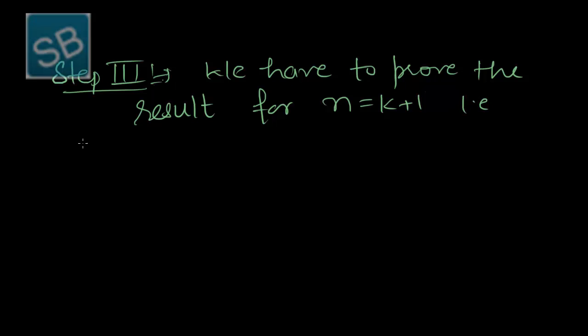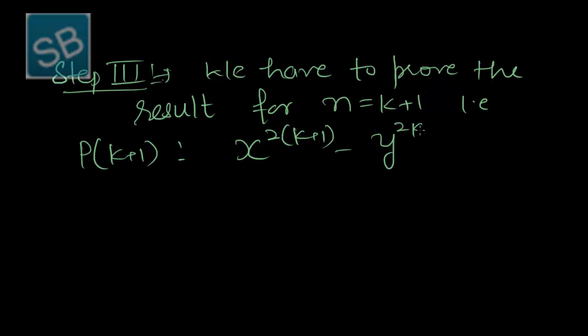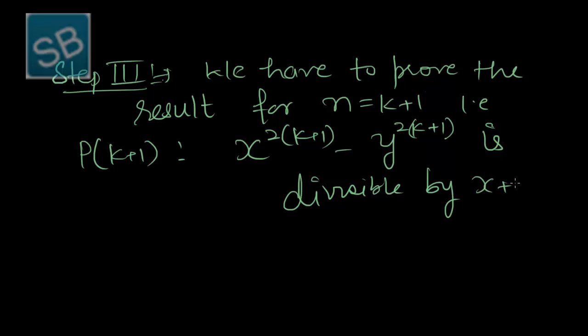That is, P of k plus 1: x raised to power 2 into k plus 1 minus y raised to power 2 into k plus 1 is divisible by x plus y. That we have to prove. So we have to prove x raised to power 2k plus 2 minus y raised to power 2k plus 2 is a multiple of x plus y.